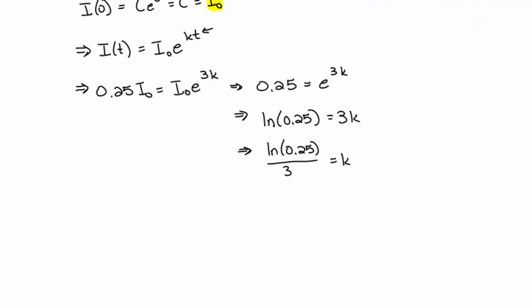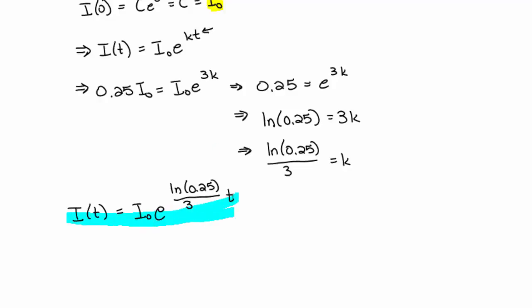And so now we know our total function is I(t) is equal to I naught e to the, normally kt, but this is going to be (natural log of 0.25)/3 times t. That is our function. And I'll highlight that. There we go.